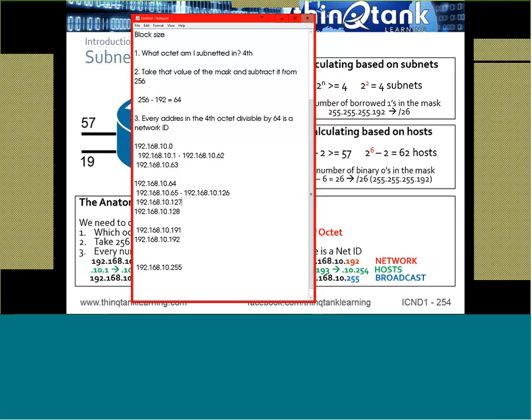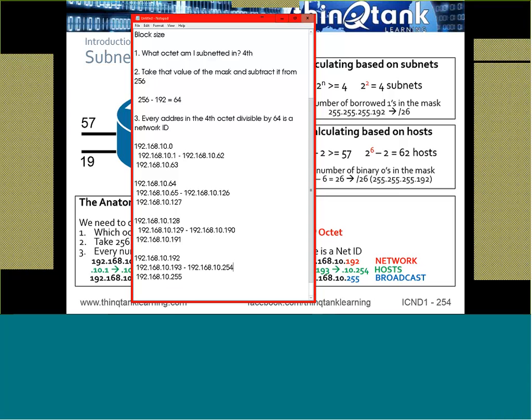Network number 3, 192.168.10.129 through 192.168.10.190, and so on. And then network number 4, 192.168.10.193 through 192.168.10.254. So those are my 4 networks.